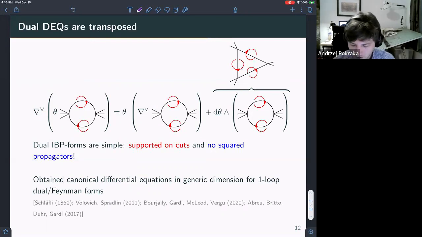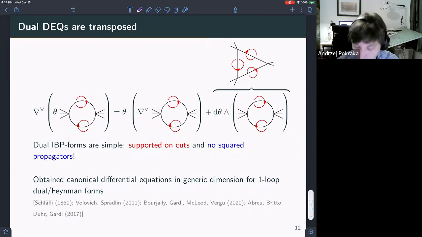Because normally, if we take a Feynman integral, say one of the more complicated topologies like a box, and we take its derivative, we're going to find the triangle and the bubble, right? On the dual side, it's actually reversed. We take a derivative of some simpler topology, and we're going to find some more complicated topologies.